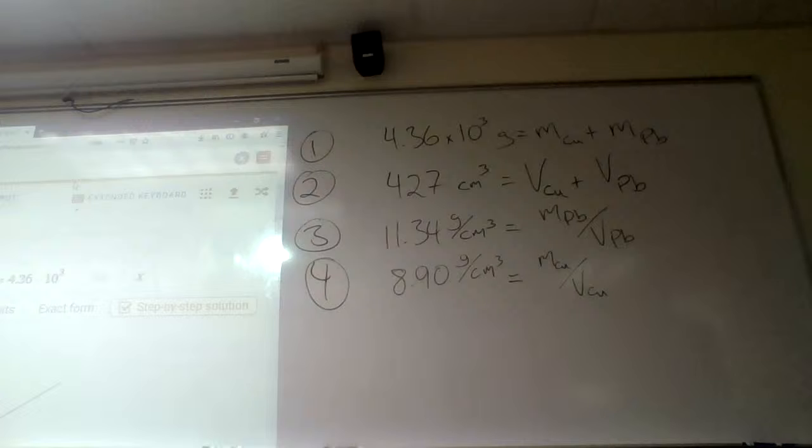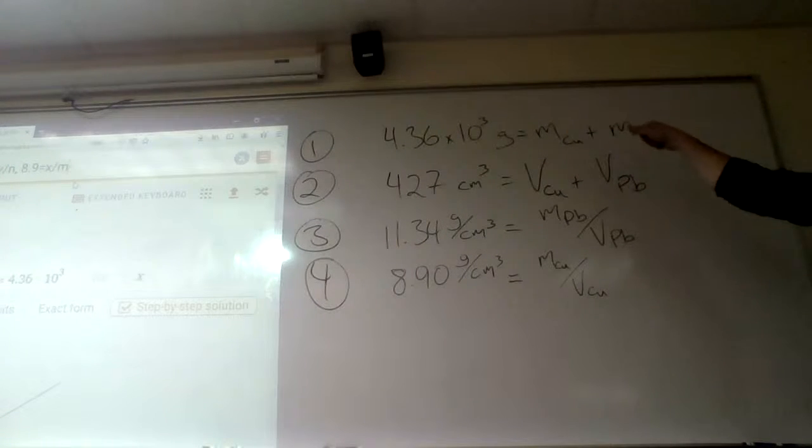I'm just doing that instead of times 10 to the 3 because it's easier to type. 427 equals M plus N. 11.34 equals Y over N. 8.9 equals X over M. So just these equations typed with variables and with no units.